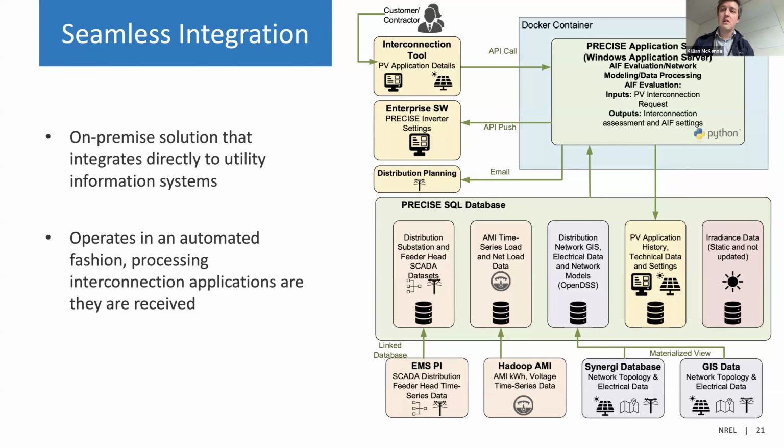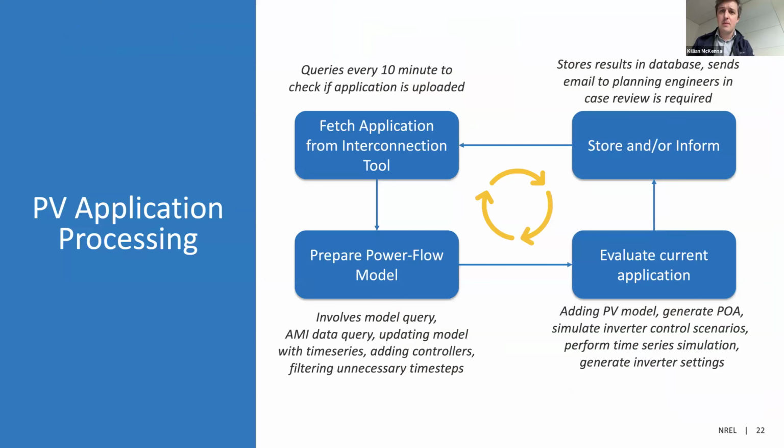So there's a huge part of Precise, which is just data management and data mapping and doing all this QA, QC to line everything up so that we can do this power flow analysis. There's a lot of different places where we have APIs that are either doing push or calls to different applications here. So yeah, we can probably go to the next slide in the interest of time.